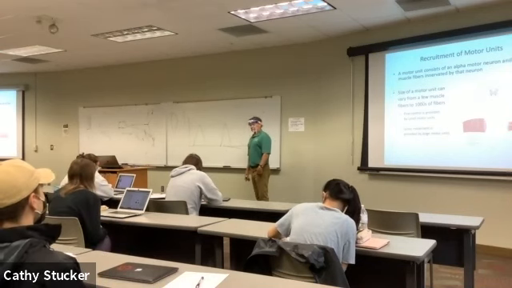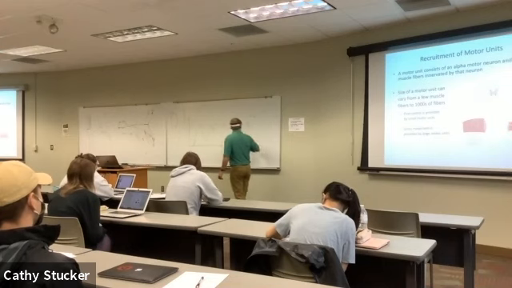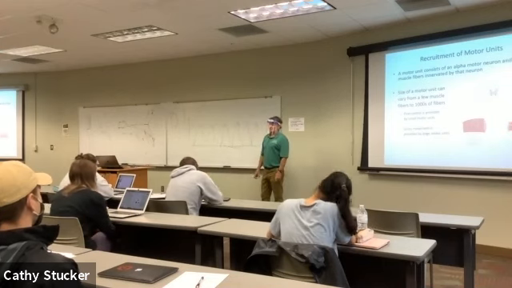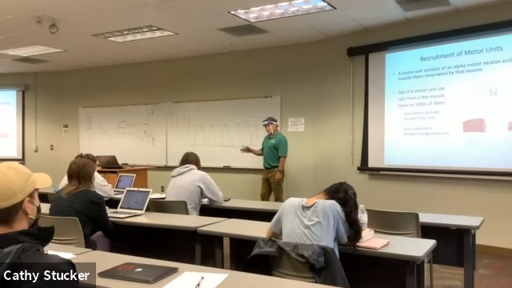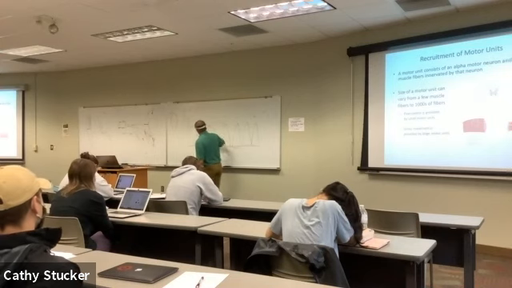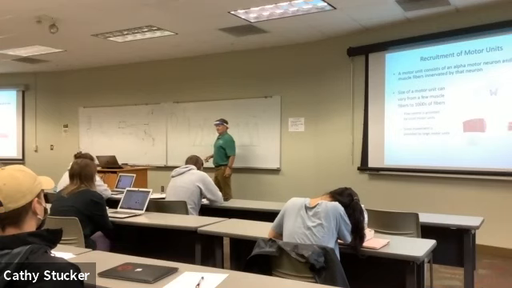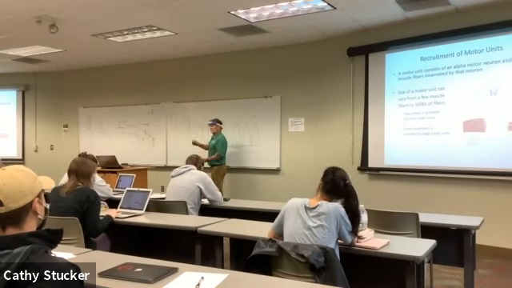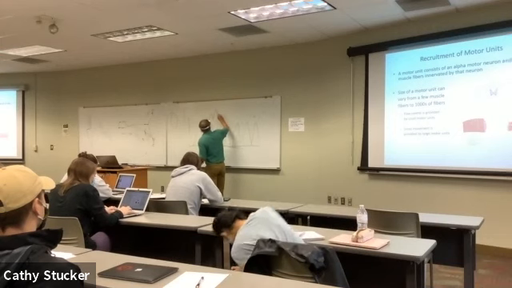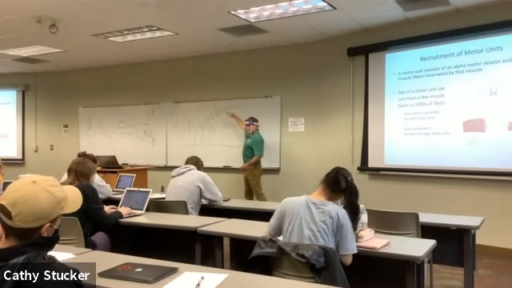Okay, now I double that recruitment rate. It's very slow. No increasing force. But now if I go even faster, I fire in here. What happens before this muscle is relaxing, all the elasticity goes back, I fire it. And I get the summation of force. I get this tetanus, the unfused tetanus here.